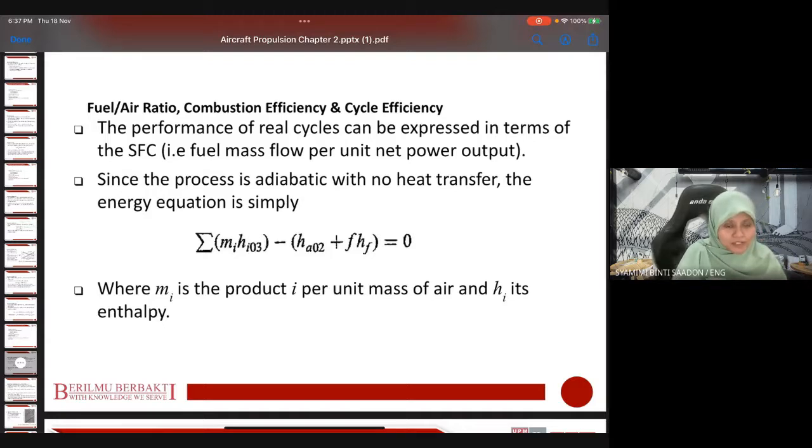If you have several mass transfers within the closed system, there will be many inflows and outflows, so there is product i. But usually if there is only one, we just neglect the i. So the equation is just m(h_t3 minus h_t2) plus f h_f.